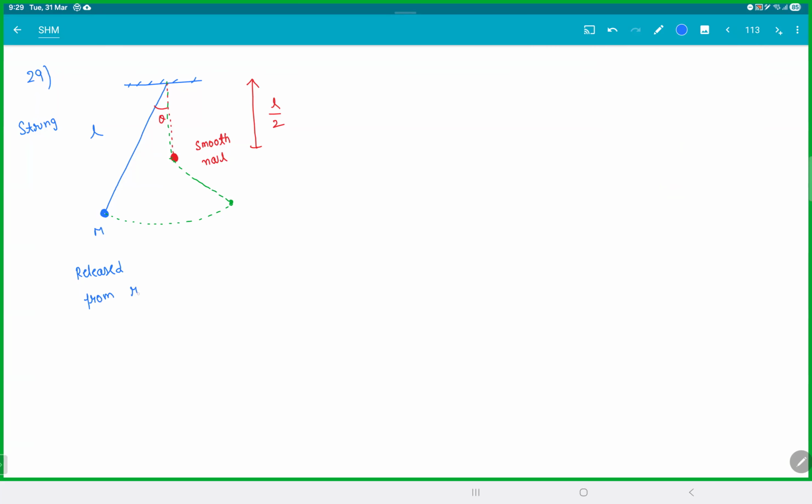You guys remember we did a question like this in work power energy. Where should the nail be placed so that it will complete a vertical circular motion? So here the pendulum, the string hits the nail and it oscillates about it. Small theta.